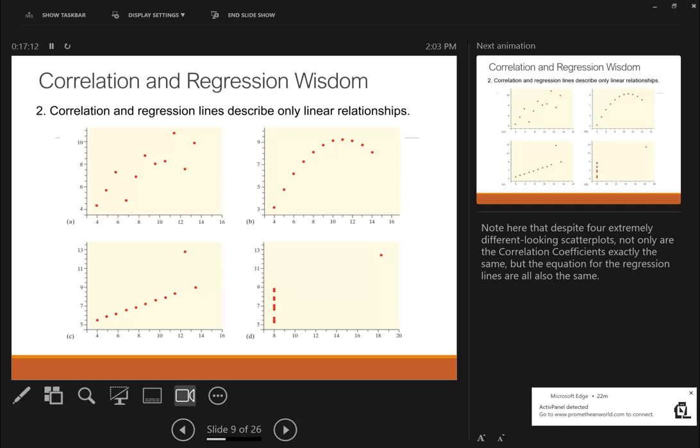Okay. Take a look at these 4 scatter plots here. Guess what? They all have the same R value. Can you believe that? That is crazy, right? I forget what the R value is, but I'm sure I have it in the notes. Wait, what kind of graph is B again? B is a quadratic. Oh, it's a parabola. Which one's exponential? None of these are exponential.